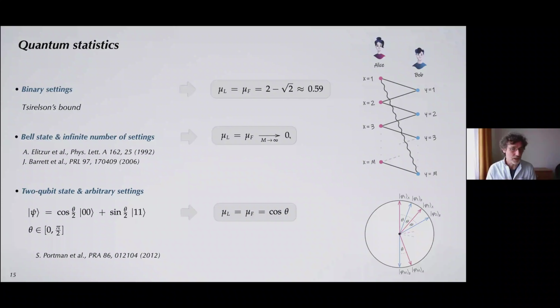How do these measures actually perform for an arbitrary two-qubit state? For an arbitrary two-qubit state, which can be written in that form in Schmidt decomposition, for an arbitrary number of settings, they proved in this work with Portmann, Branciard, and Gisin that this local fraction is equal to cosine theta, where theta is given here.